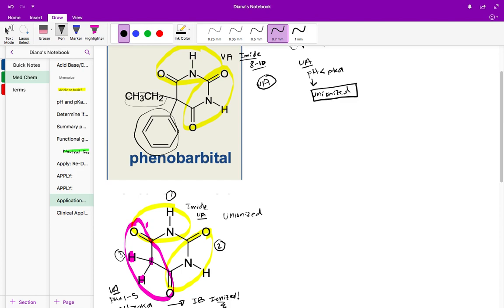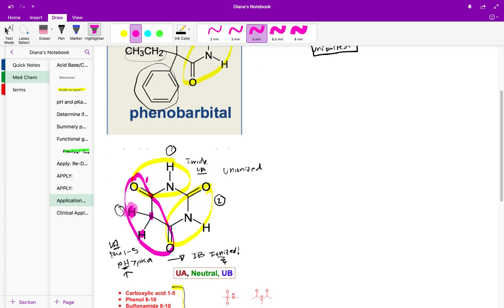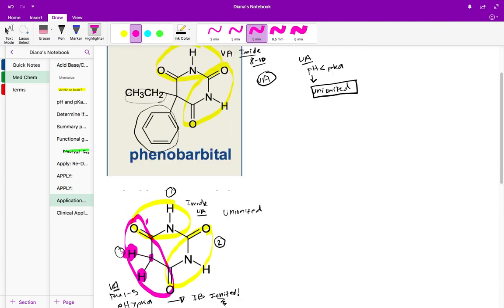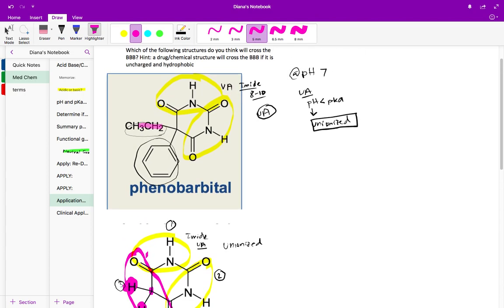So comparing phenobarbital to this, the structure that it originates from, which is barbituric acid, I believe that's what it's called, I would see that phenobarbital is much more likely to cross the blood-brain barrier because it doesn't have that dicarbonyl. Instead of the 2 hydrogens you see right here that are very acidic, pKa 1 to 5, we have CH2CH3, an alkyl group, which is neutral, and this aromatic ring, which is also neutral.